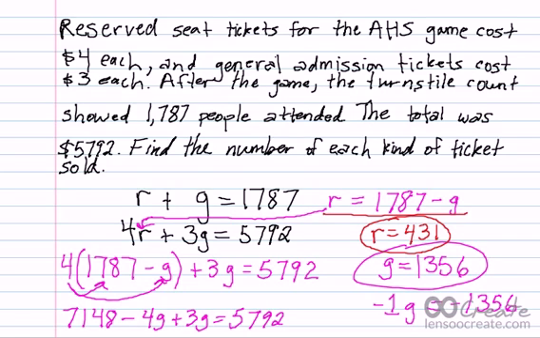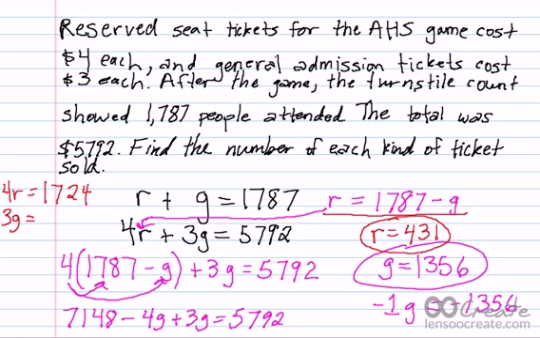4 times R, 4 times 431 gives us 1724, and then it says 3 times G. I'm going to write this down so I don't forget it. 4R equals 1724, and then 3G.